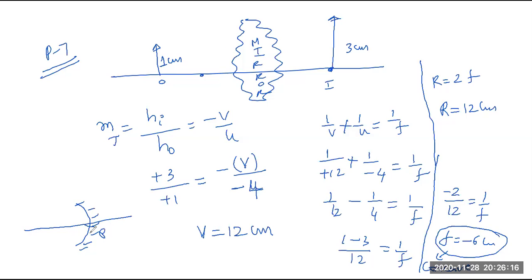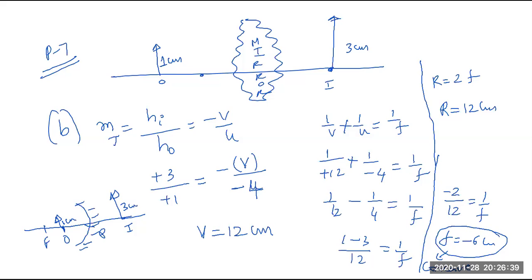This is the pole and this is the focus, and the object is placed in between the pole and focus. So the object of height 1 centimeter forms a virtual image of 3 centimeters here. Okay, so this is the story about P7. The best answer will match here, concave mirror of radius 12 centimeters, that is option B, the correct option.